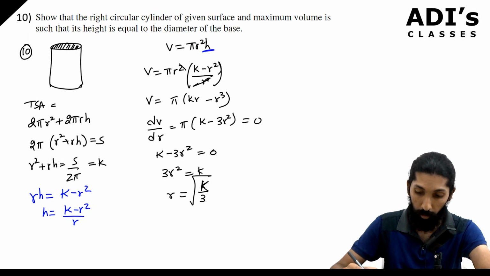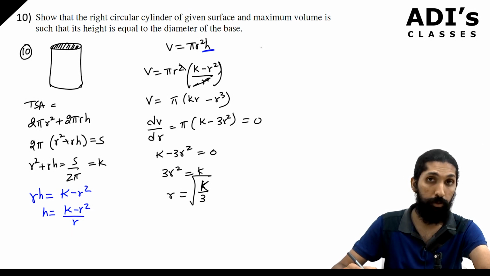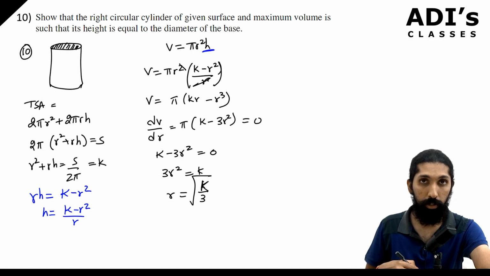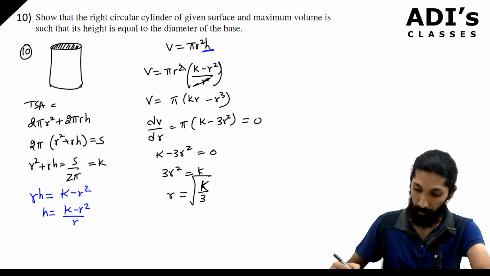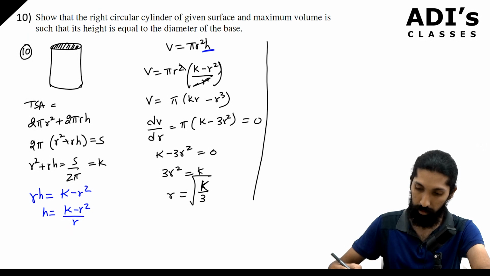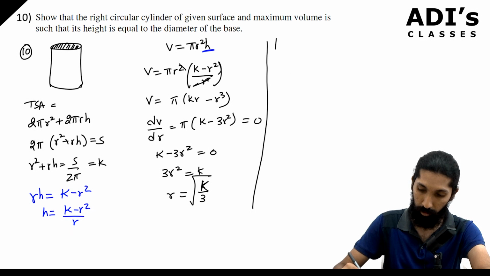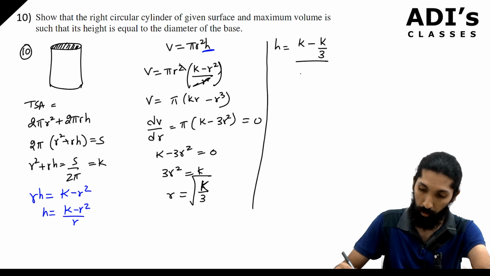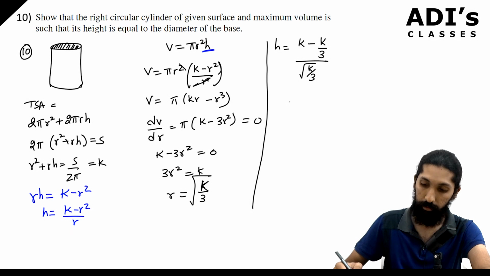Now, they've told you that volume is maximum, so you don't have to substitute again. So you substitute this back in the equation so that you can figure out the value of h. In this case, h is equal to k minus r square, which is 2k by 3, divided by root of k by 3.